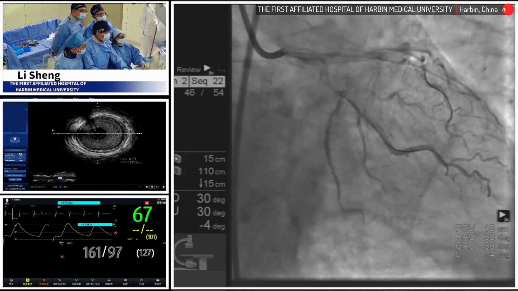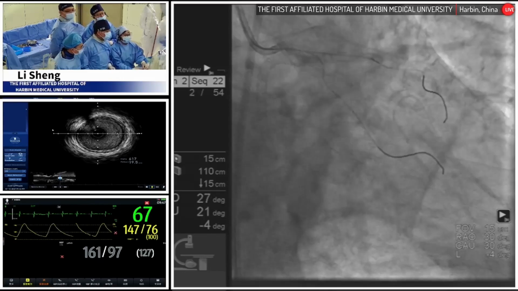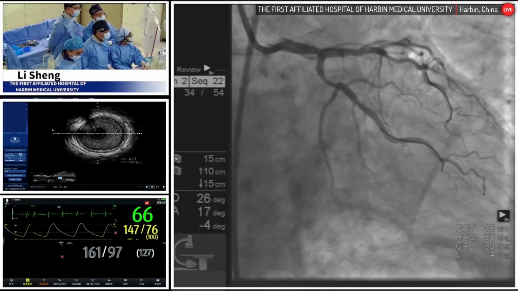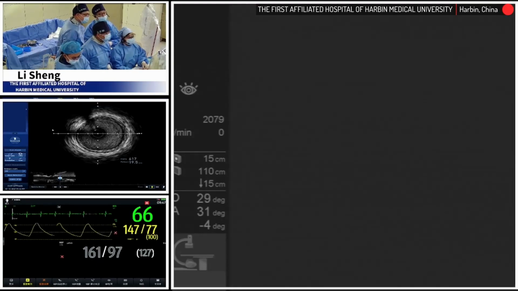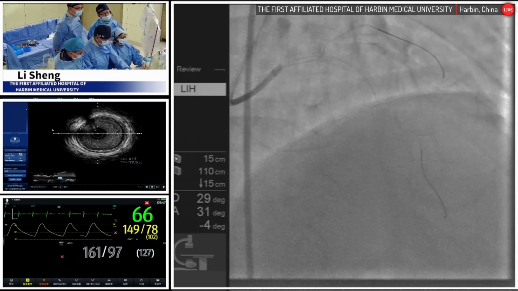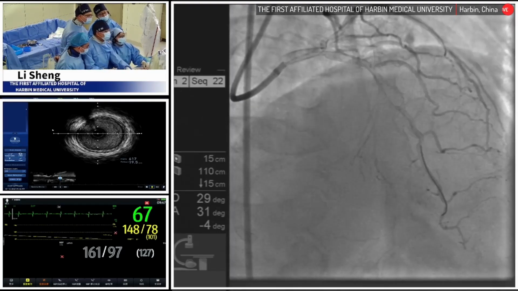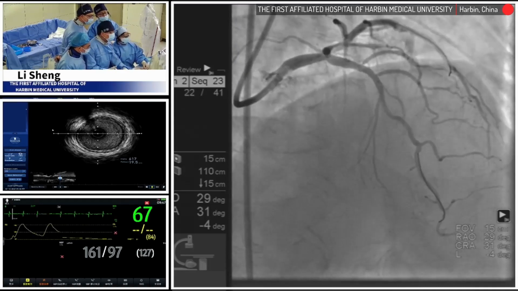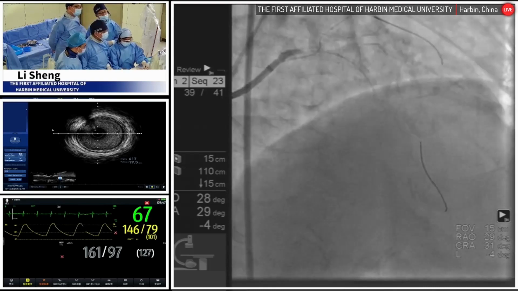Any position. RAO cranial. Return to RAO cranial, caudal.